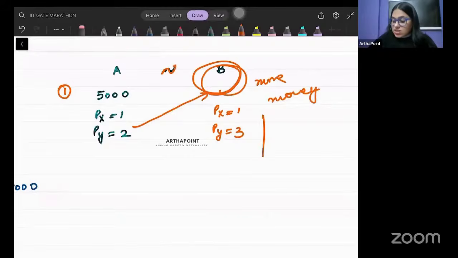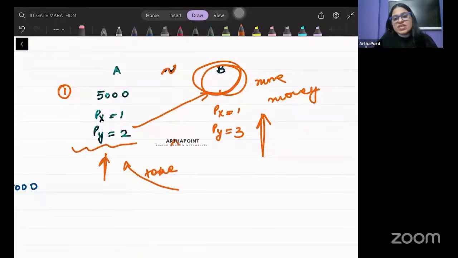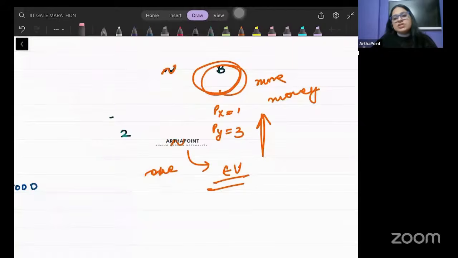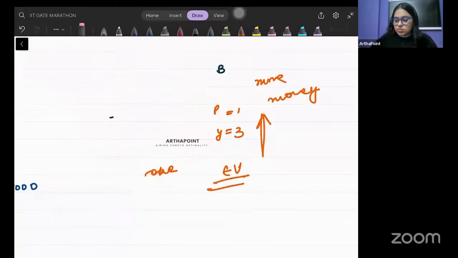Or because here things are expensive, so what I can do, I can take his income in this case. यहाँ से पैसा ले लो, so that he is still indifferent. The second approach is equivalent variation, where you are taking money from him so that he is indifferent. The first situation is compensating variation, where you are giving him money for shifting to city B. These two approaches are called compensating and equivalent variation.